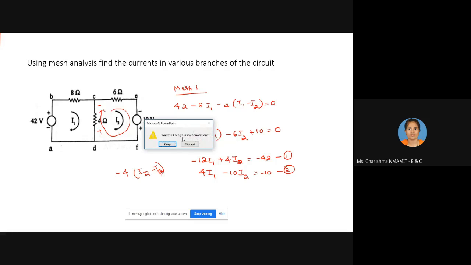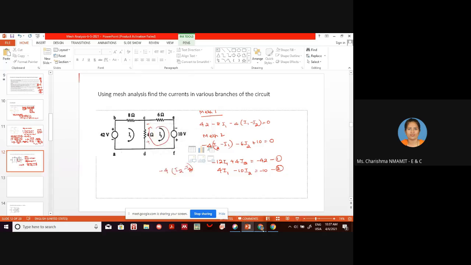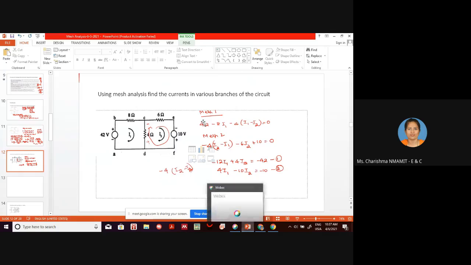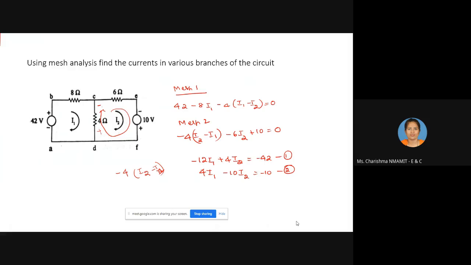Did you get it, Karthik? When you consider the first mesh, it is minus 4 into (I1 minus I2) because I1 is flowing from higher potential to lower potential.